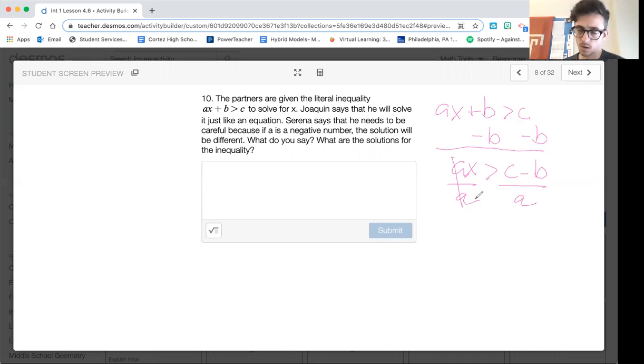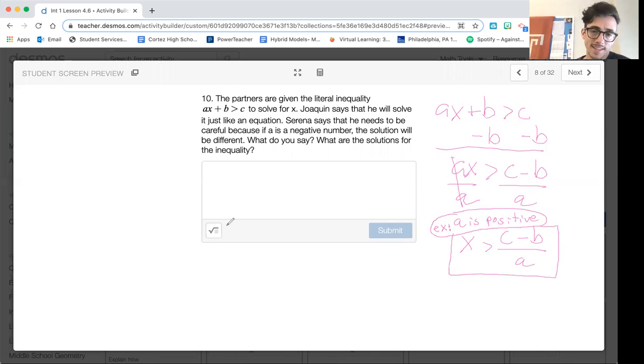So this is interesting. Okay, so let's think about this. If we're dividing by a positive a, we're just going to say x is greater than c minus b, all of that over a. And again, this is if a is positive in this example. Then that would be your answer.